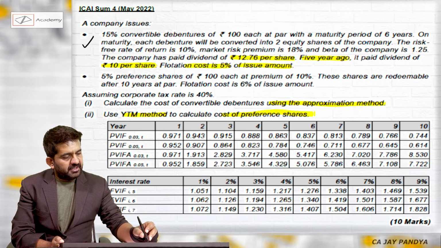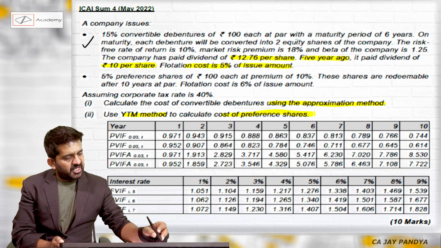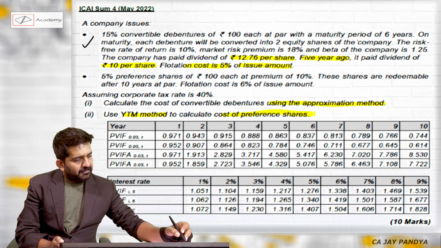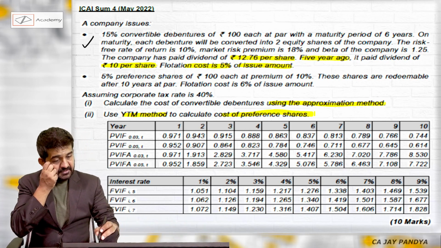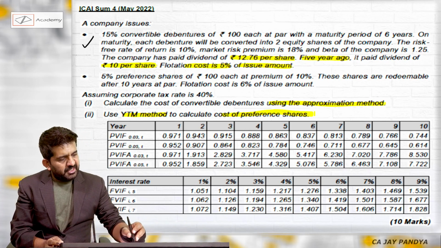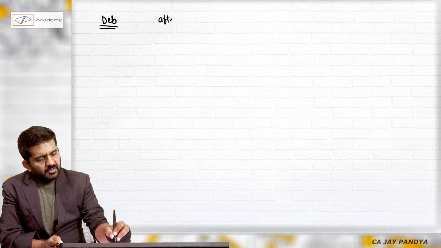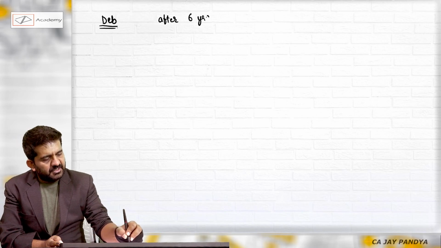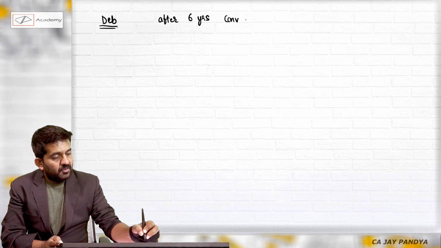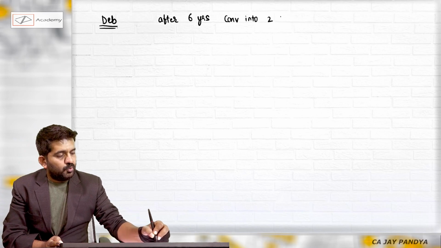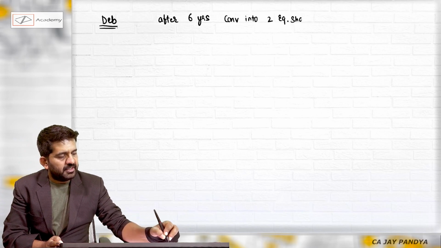Let us start with first point, that is cost of debentures. 15% convertible debentures of rupees 100 each at par with a maturity period of 6 years. On maturity, each debenture will be converted into 2 equity shares.